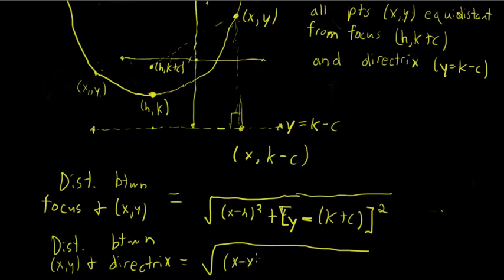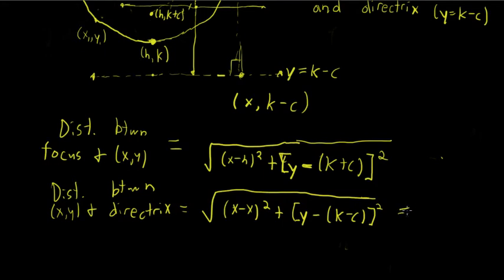The square root of x minus x squared, so x minus x, plus y minus the quantity k minus c, squared. Well, this is the same thing as just the square root of y minus k minus c, squared.